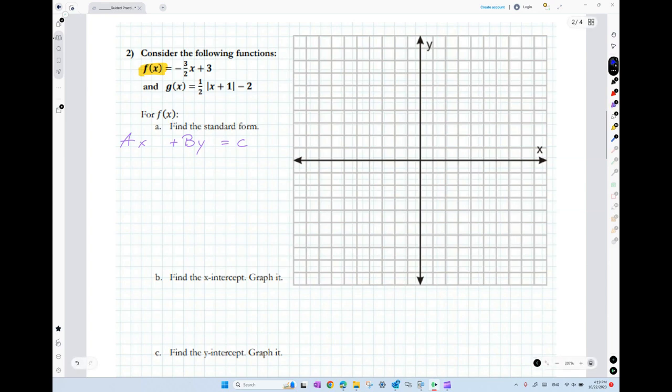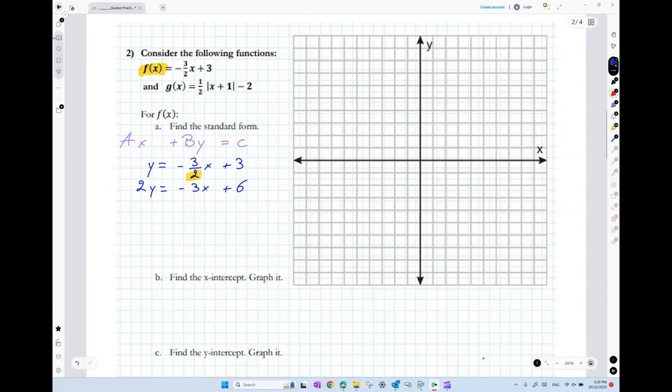So what do I have here? I've got y equals negative 3 over 2 x plus 3. First thing, I'm going to get rid of any fraction. So I'm going to multiply everything by 2 and have 2y equals negative 3x plus 6.